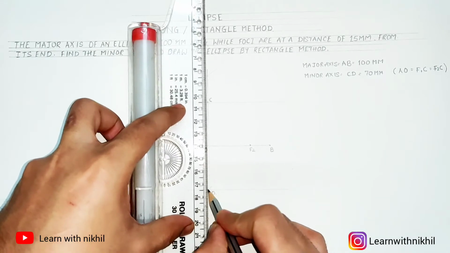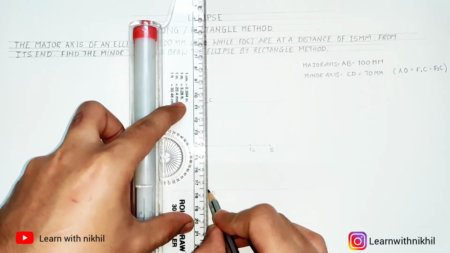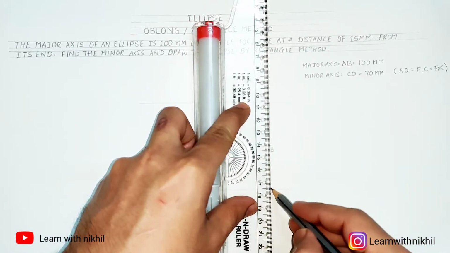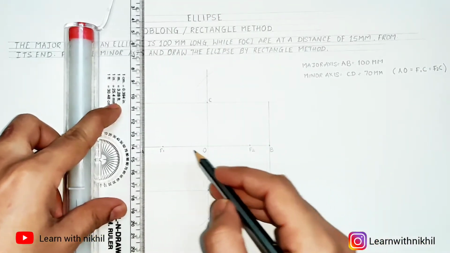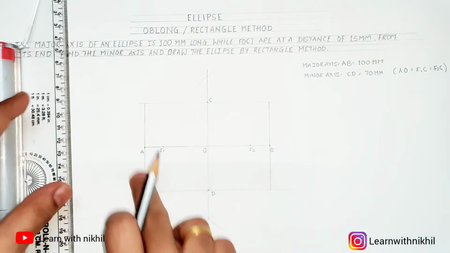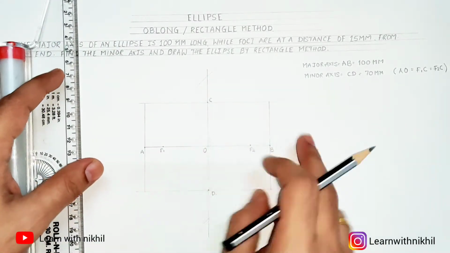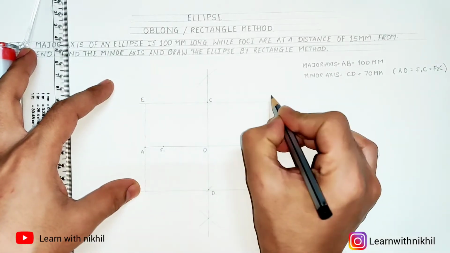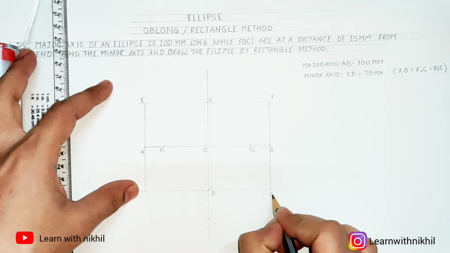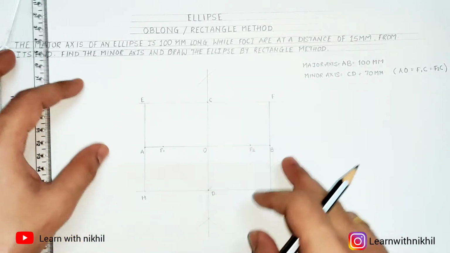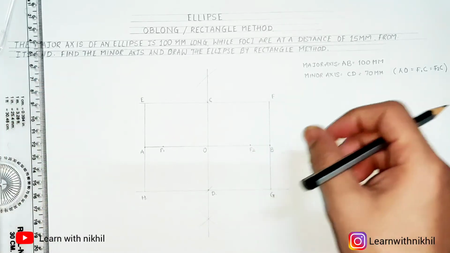Then taking this as a reference line, we'll draw a line at B and we'll draw a line at A. So here we have constructed a rectangle, and in between that we'll draw an ellipse. We'll mark them as E, F, G and H. So we have constructed a rectangle HEFG.